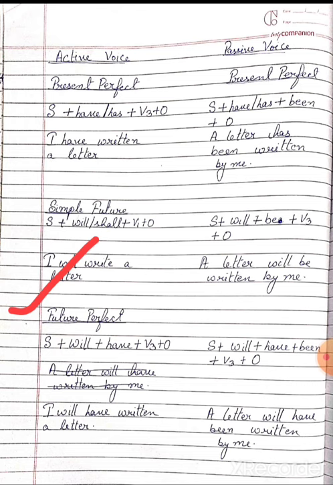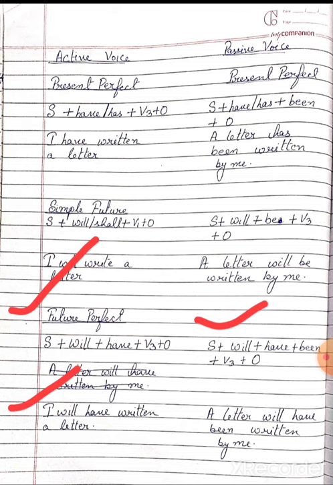The structure of future perfect tense in active voice is subject plus will plus have plus V3 plus object. That is, I will have written a letter. This is future perfect tense in active voice. What is the structure in passive voice? Subject plus will plus have plus been, B-E-E-N, been, plus V3 plus by plus object.